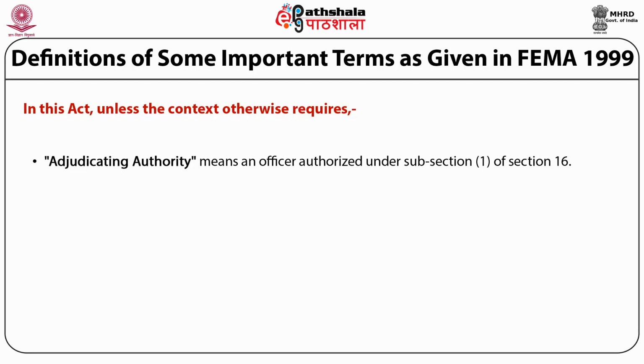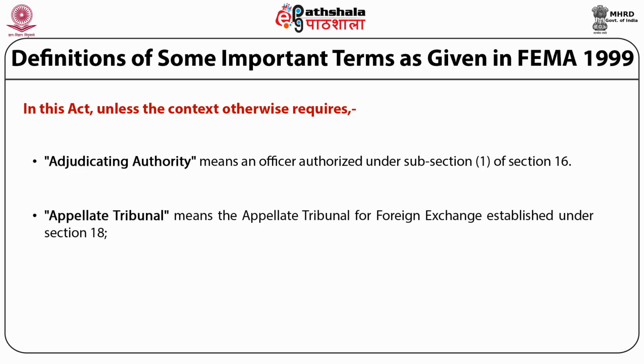Adjudicating authority under this Act means an officer authorized under subsection 1 of section 16. Secondly, let us know what appellate tribunal under this Act is. Appellate tribunal means the appellate tribunal for foreign exchange established under section 18.